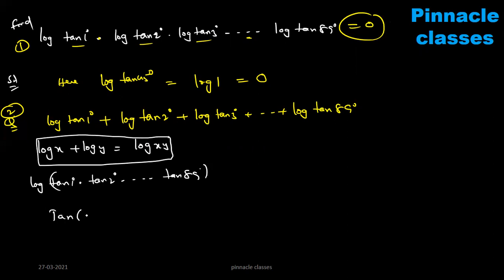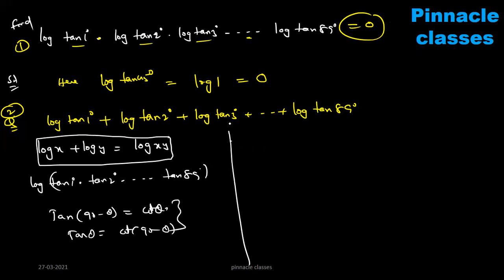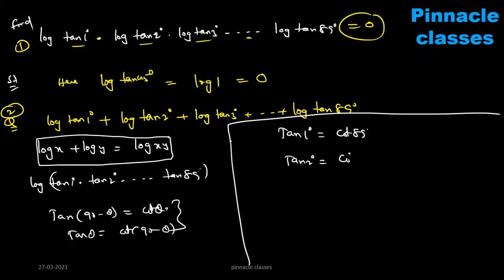Tan of (90 minus theta) is equal to cot theta, so tan theta is equal to cot of (90 minus theta). You can write like this also. So tan 2 is cot 88, like that.